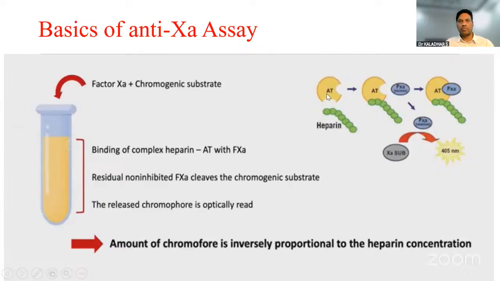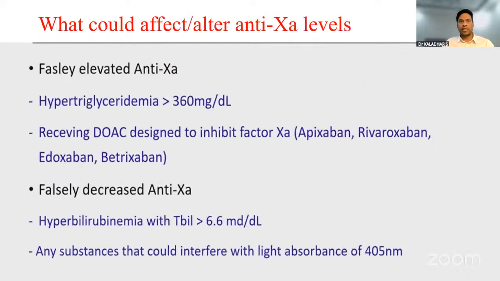If you look here, antithrombin and heparin bind together to factor 10A, and any uninhibited factor 10A cleaves the chromogenic substrate. The chromophore which is released is optically read. So the amount of this chromophore is inversely proportional: the more the heparin concentration, the less the chromophore; the less the heparin concentration, the more the chromophore. Depending upon that, the anti-factor 10A activity is assessed.